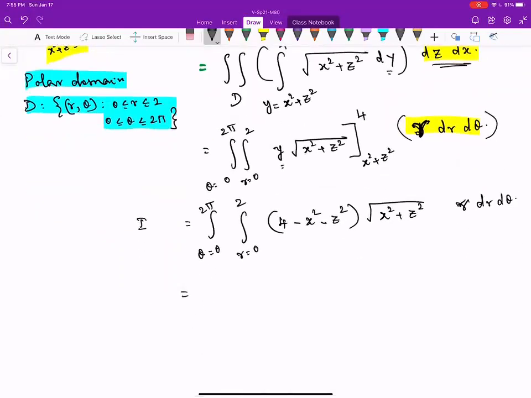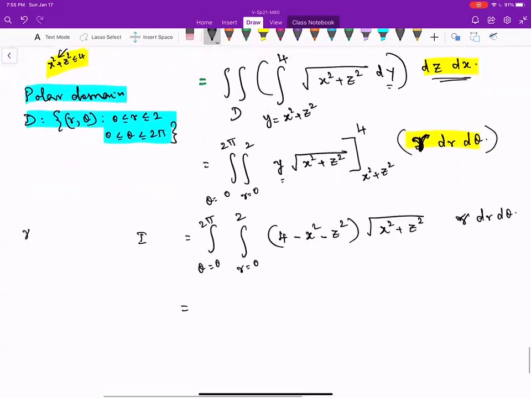Because we are considering x square plus z square in the xz plane in polar form, x square plus z square becomes r square.